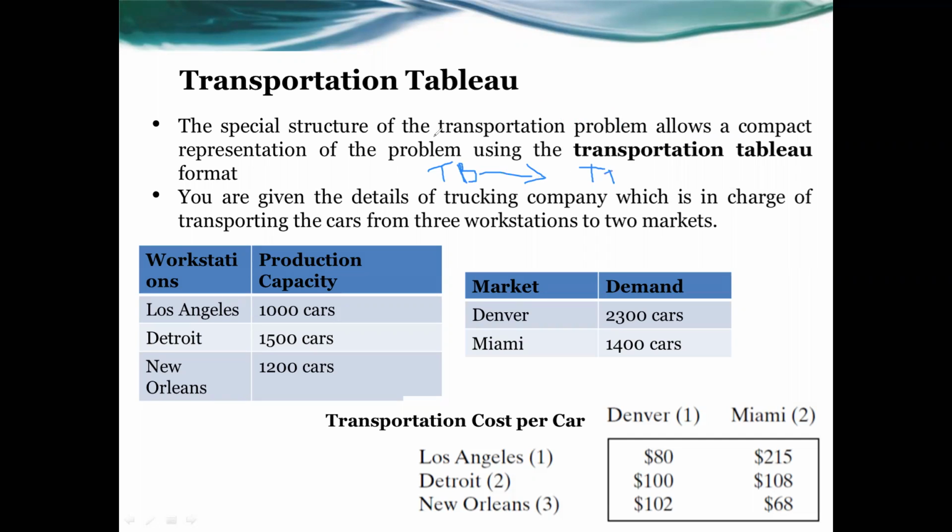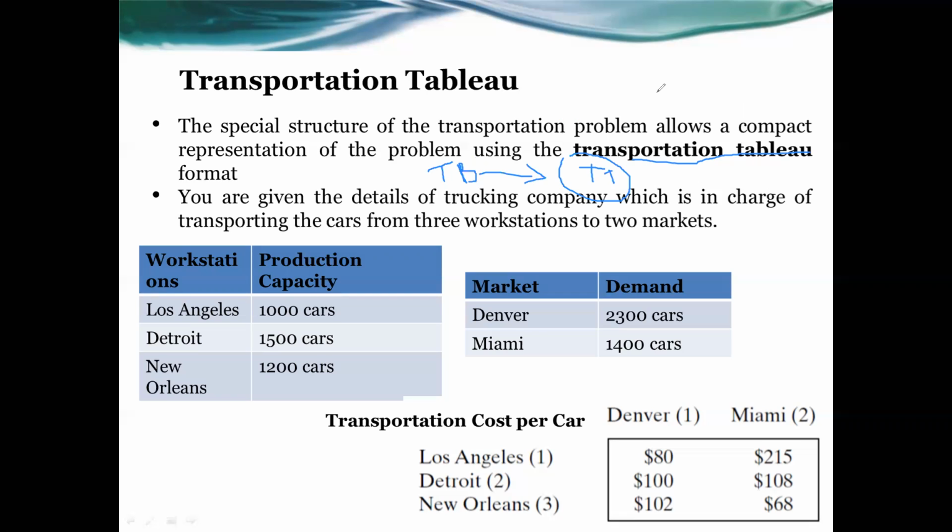Actually, we are converting this transportation problem into a model, and that model we call the transportation tableau. This is somewhat similar to linear programming, but in linear programming we have functions, whereas in the transportation problem we have a tableau, actually a table.